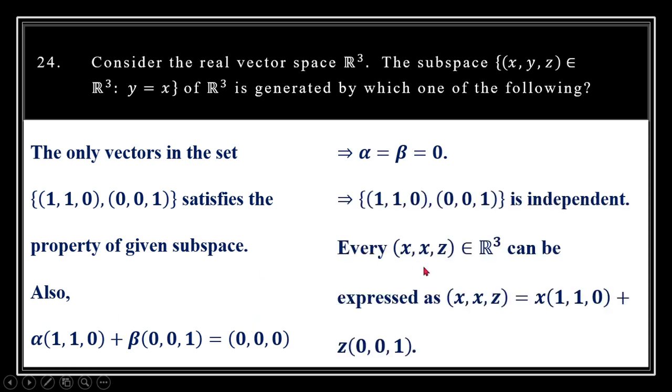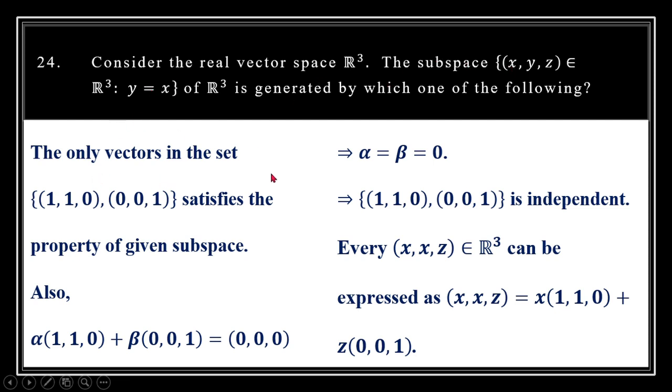As y is equal to x, this (x, y, z) becomes (x, x, z), and this can be written as x times (1, 1, 0) plus z times (0, 0, 1). That means a linear combination of vectors in this set. So this set is linearly independent in R3 as well as it spans this given subspace of R3.